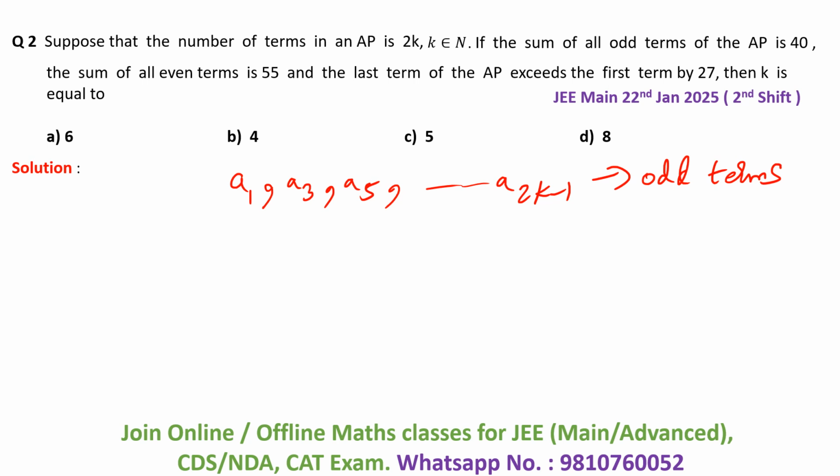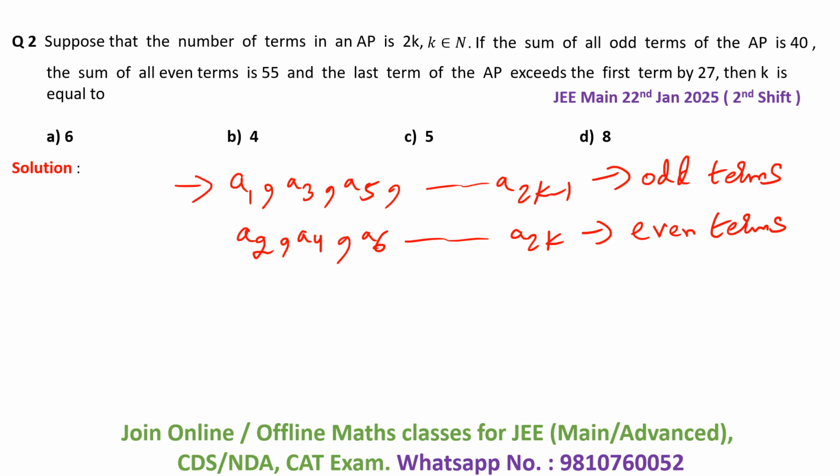Now similarly, the sequence formed by the even terms, that is A2, A4, A6 and so on till A2k, will also be an arithmetic progression, right? And it will have the same common difference as 2d. Fine. Now students, we know the formula to find the sum of the AP, and it is mentioned that the sum of the first sequence, that is the sum of all odd terms, is 40.